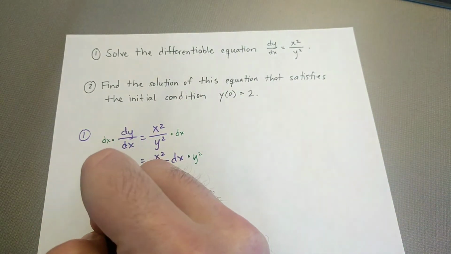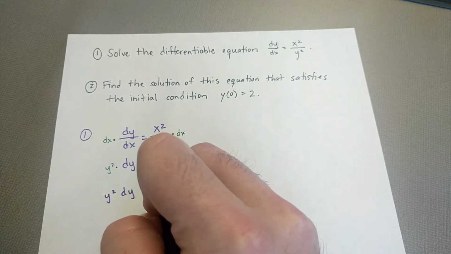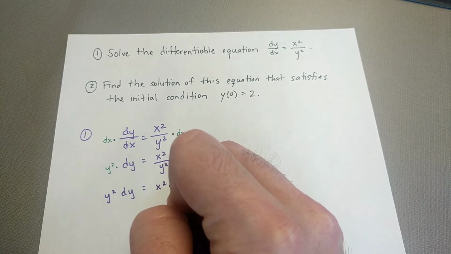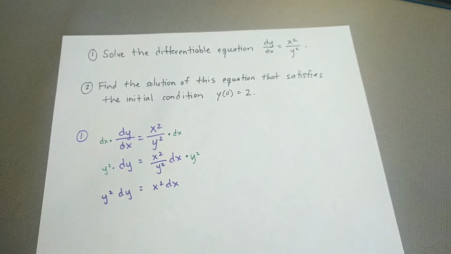So now that gives me y squared dy is equal to x squared dx. So I have all my x's on the right side, all my y's on the left side. And like I said, this now looks like the parts that show up after an integral symbol.